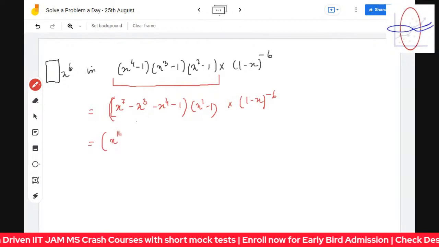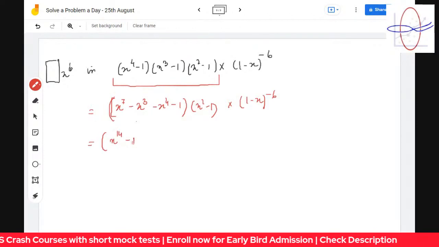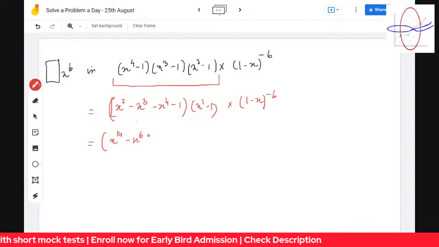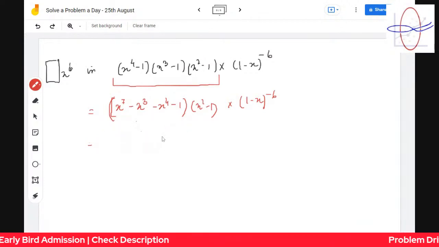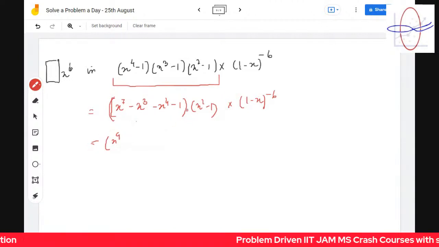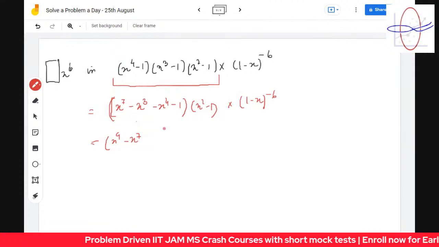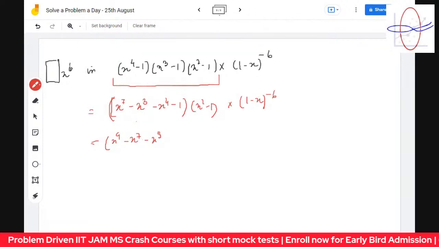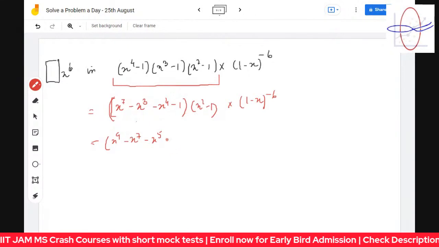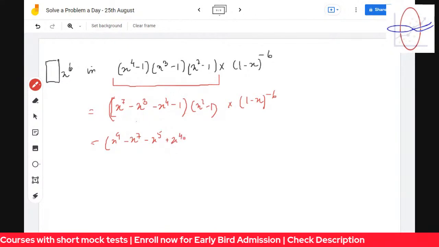So you get x to the power 9 minus x to the power 5. Sorry, there are other cases also. x to the power 4, not 9, sorry. And then x to the power 7, then x to the power 5, then x to the power 4.